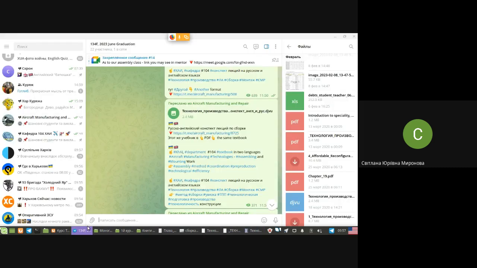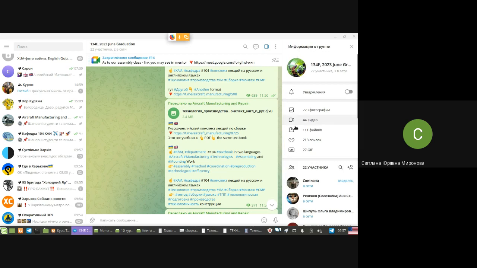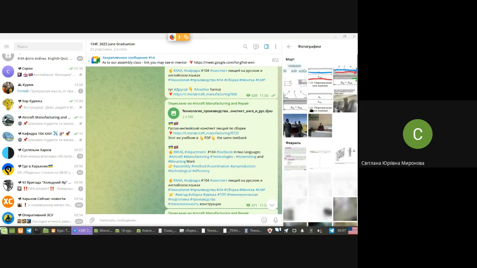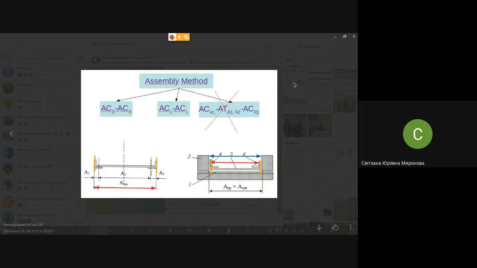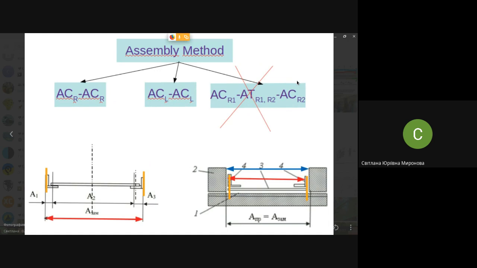Also, I hope you remember, I even sent you the picture that we worked with last time. At the bottom, you see examples of the same assembly unit: on the left it was assembled by assembly holes, and on the right it was assembled in a jig. Each time we have some size we're interested in, designated with a red arrow.